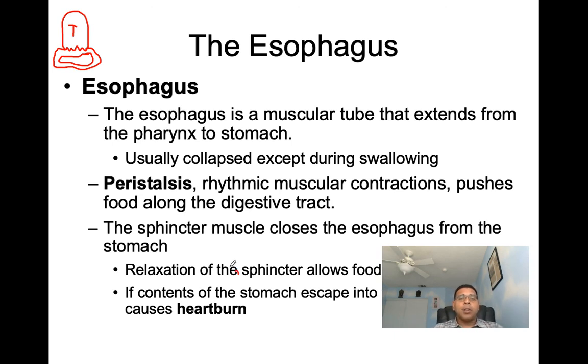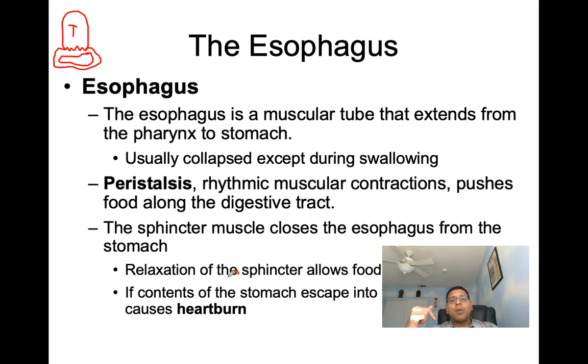All right, next, I'd like you to know, as this food makes its way down and passes into the esophagus and then eventually out of the esophagus, its passage into and out of the esophagus is going to be controlled by sphincters. These sphincters are muscles that act as valves, and they're going to allow food to enter into the esophagus. So we're going to have one at the entrance of the esophagus, which is known as the upper esophageal sphincter.